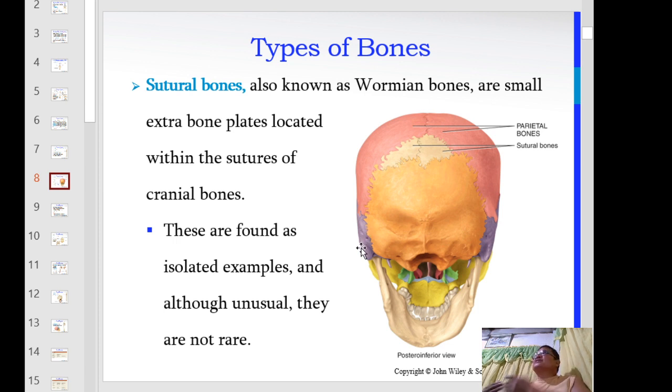Suture means like being sewn. If you look at their connection, it is like being sewn together, like with a sewing machine, like a zigzag line. These are known as sutural bones or wormian bones, but the right term that is constantly used is the cranial bones.